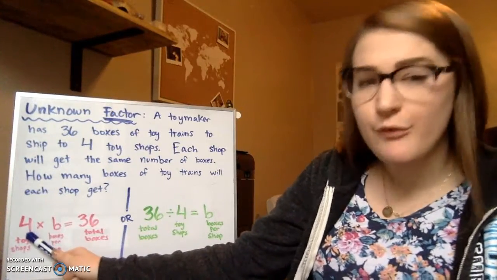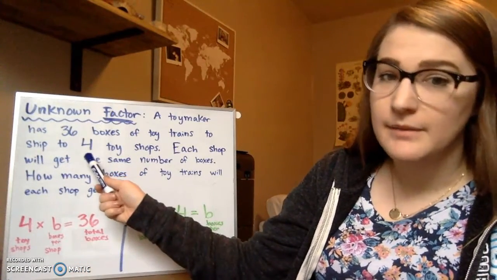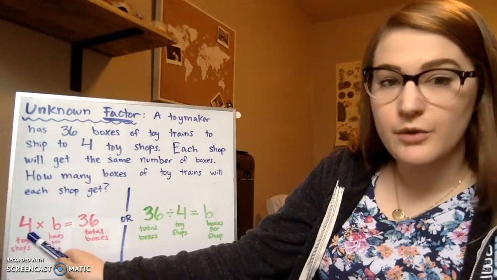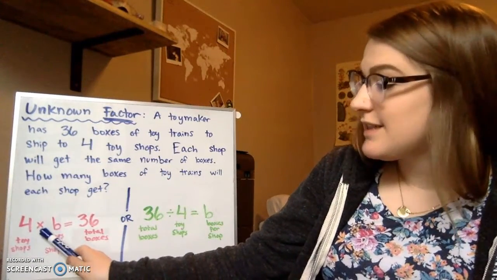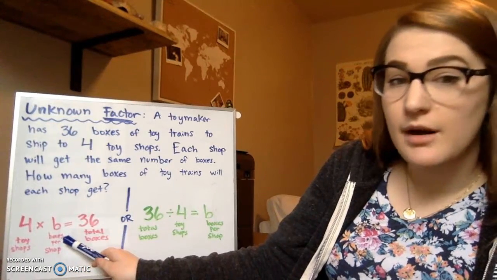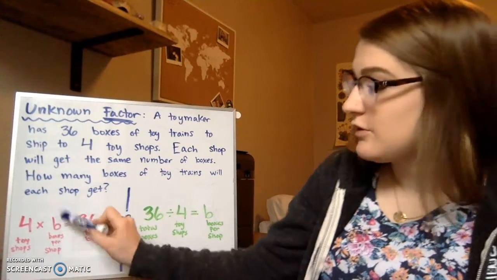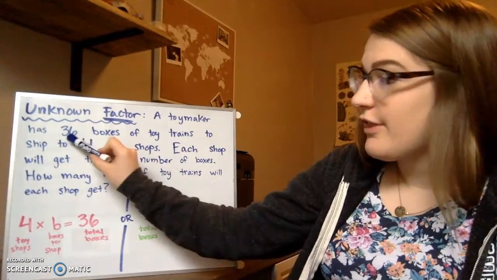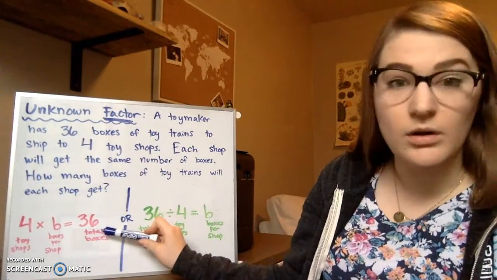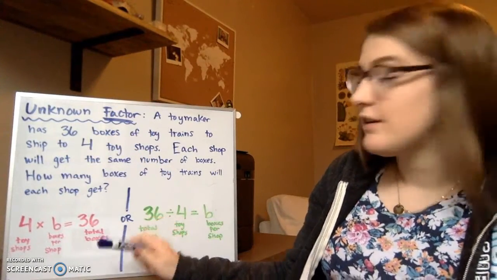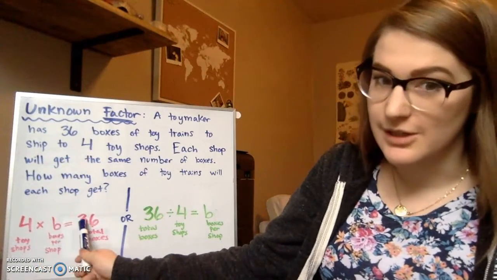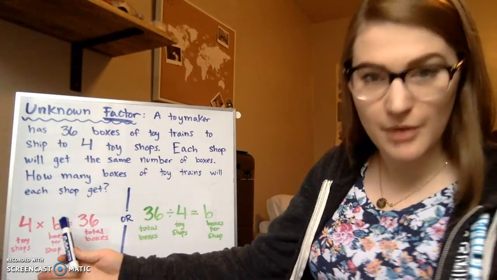I know that my 4 from the word problem represents how many toy shops there are. So I put 4 toy shops times the number of boxes per shop. So I put the variable b there equals the 36 total number of boxes. So then if you know 4 times what equals 36, you could solve that problem.